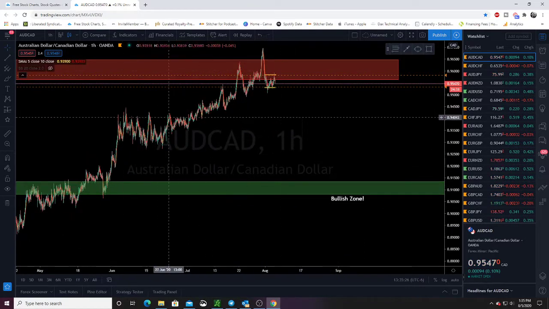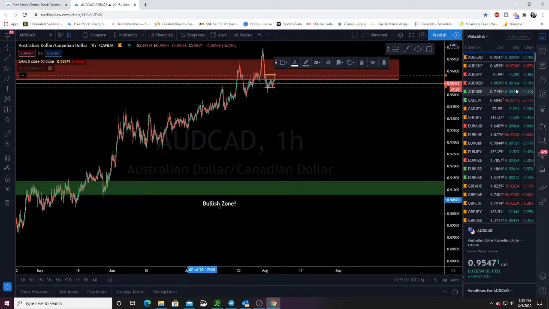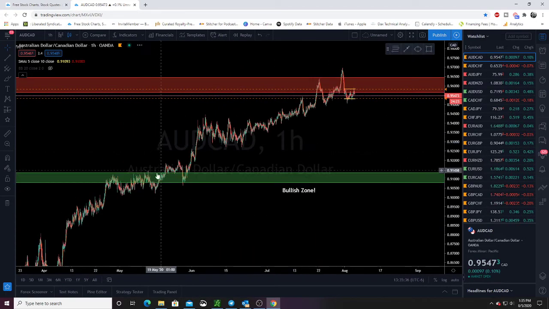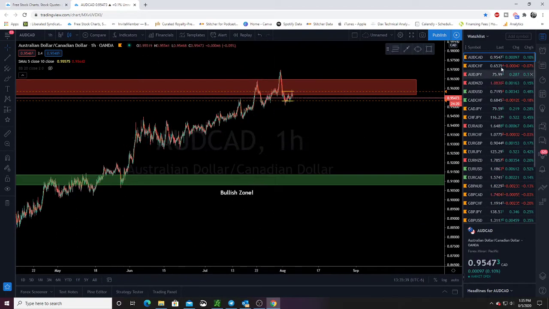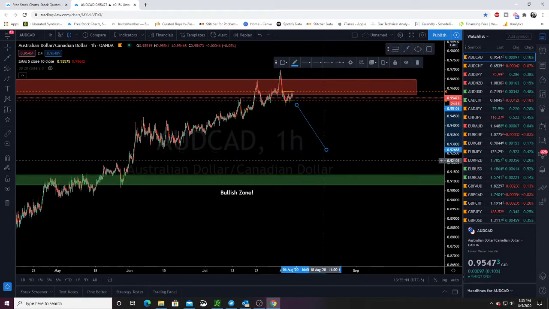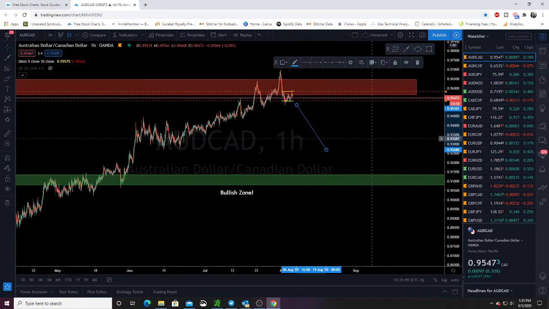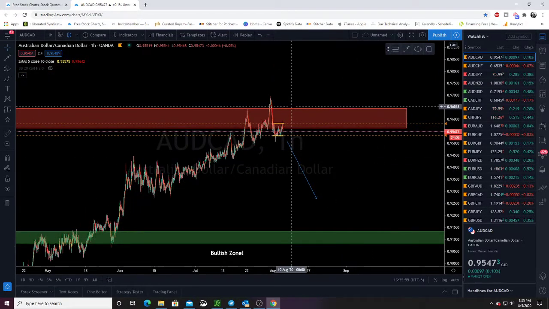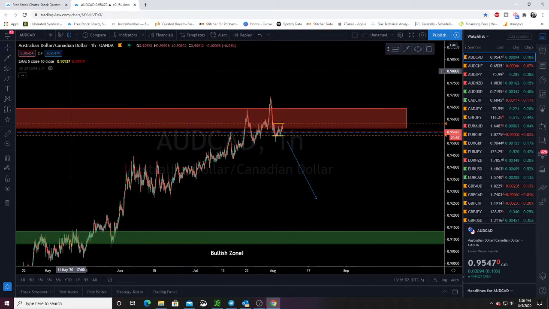I do think overall price might start to run bearish because we're at that strong resistance zone on the daily chart. So if we break past that level, I'm going to be playing down. If we break above this inflection zone level, I'm going to look to see if we retest the backside of this resistance zone. It might be a longer term trade. You can kind of see a little head and shoulders pattern here.